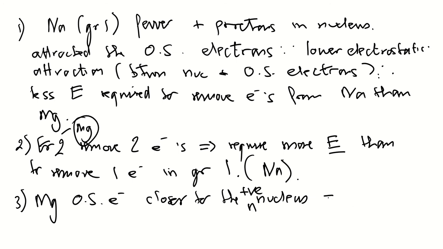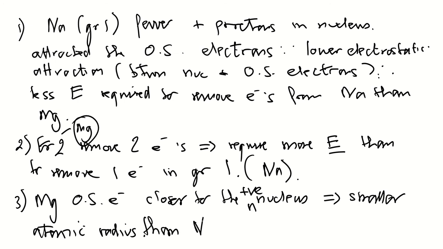That is because it has a smaller, and this would be a really good word to throw into a GCSE answer, a smaller atomic radius. Okay, so those are the three. Always make a comparison than sodium in this instance.